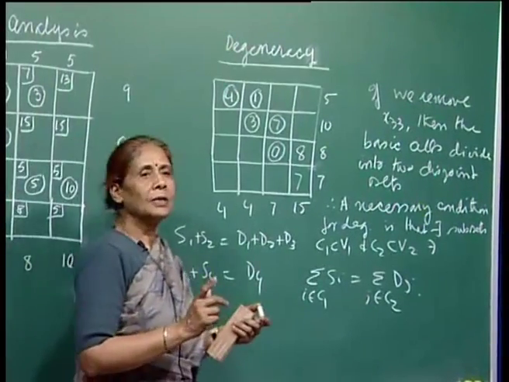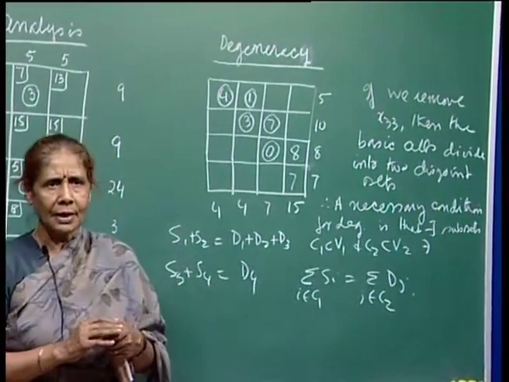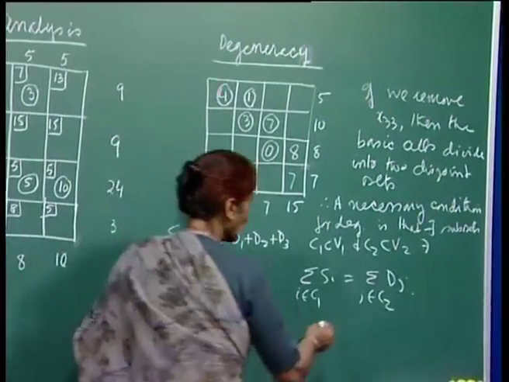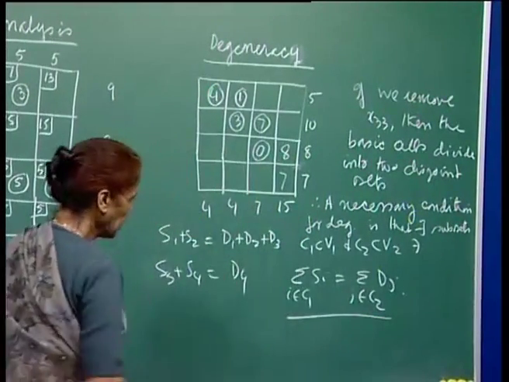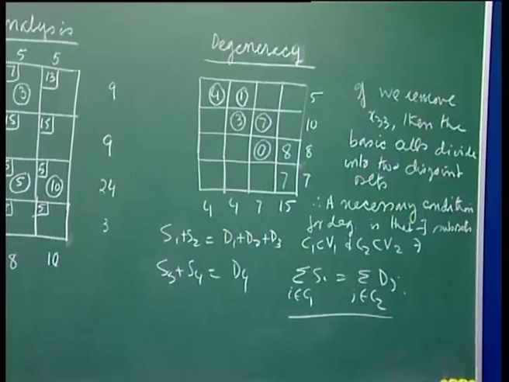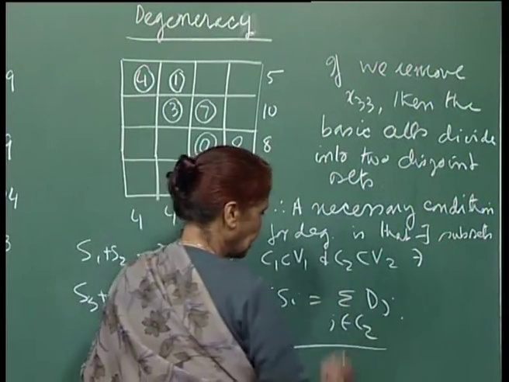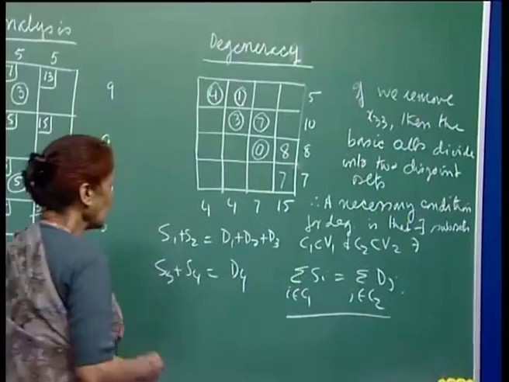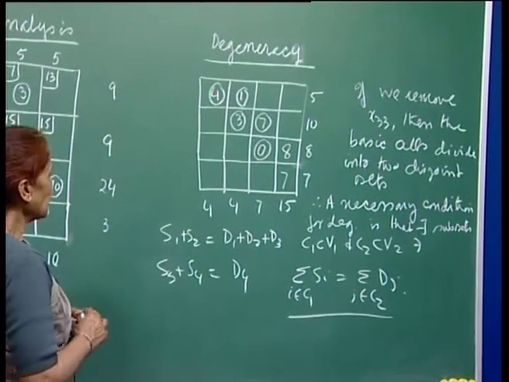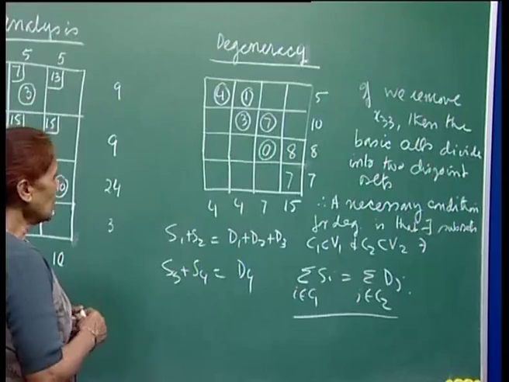So you will have to go for a 0 allocation. The logic is simple. Whenever this condition is satisfied, and of course one can also prove that this is a sufficient condition, so it can be shown that this is a necessary and sufficient condition for degeneracy. Therefore, one needs to combat it.